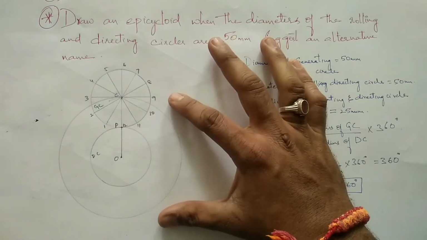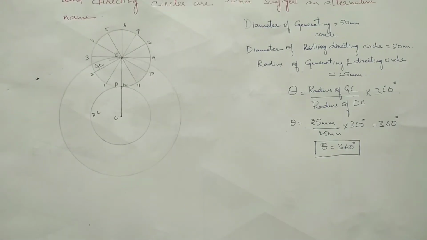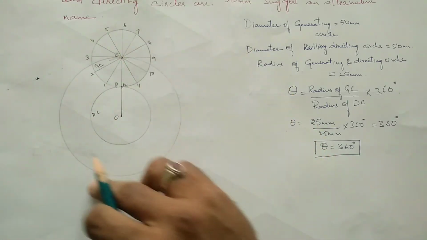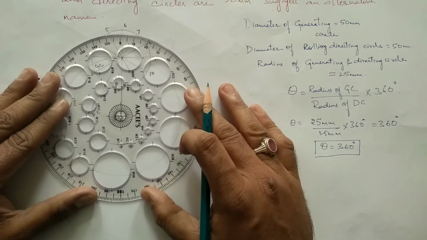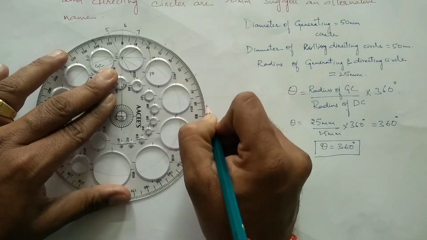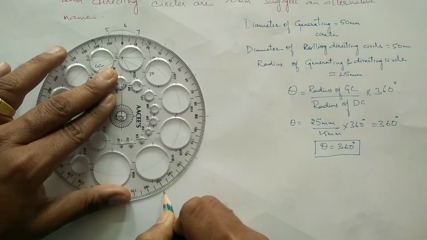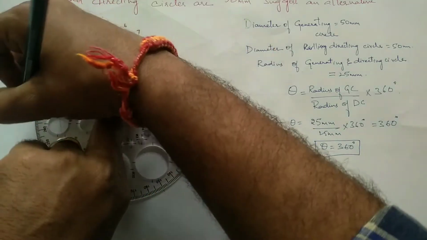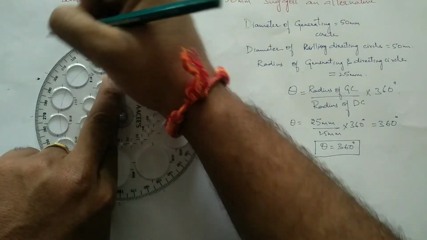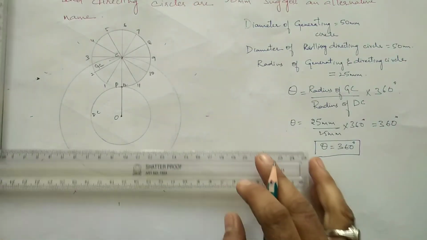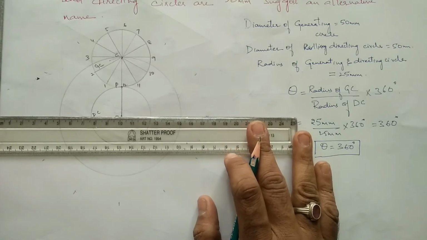This is the locus of center of the curve. Similarly, divide this locus of center arc into 12 equal parts, as we have done for the circle.